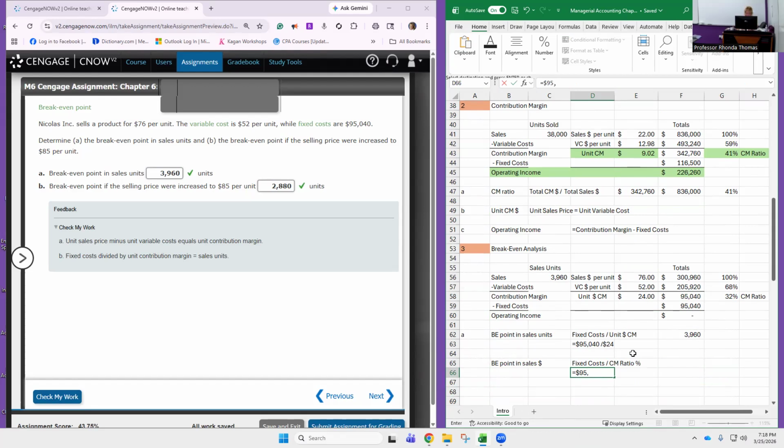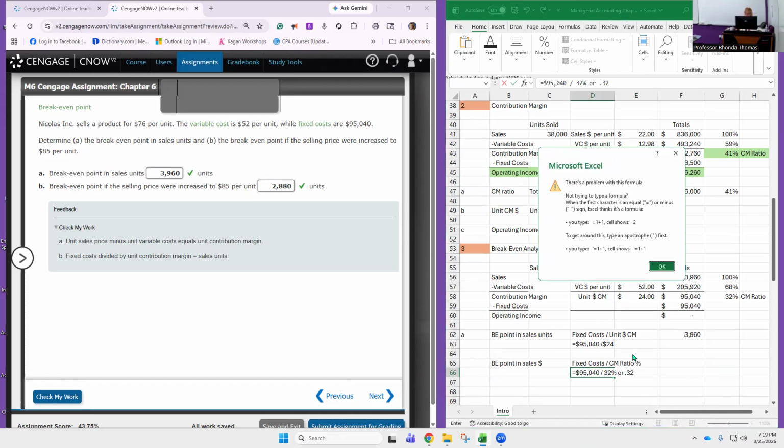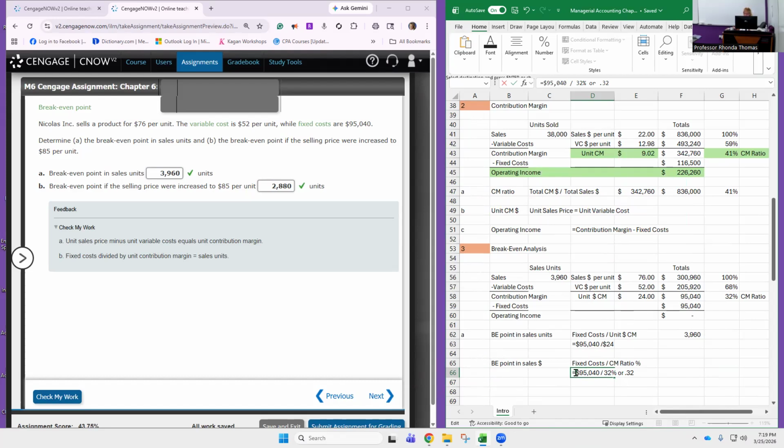Now we're going to divide by 32%, or change it to a decimal if you need to, 0.32. I just want this to display. I don't want them to fix it. I just want you to see what I'm putting in. And so now I'm going to test it.